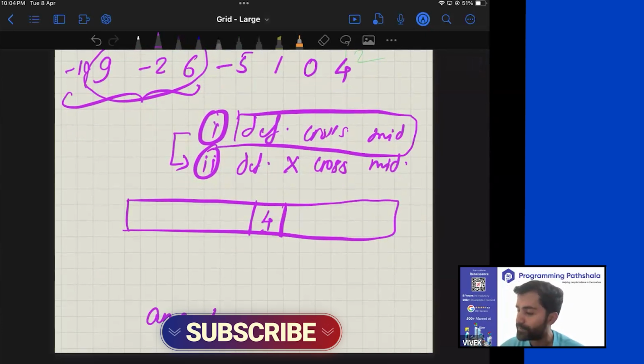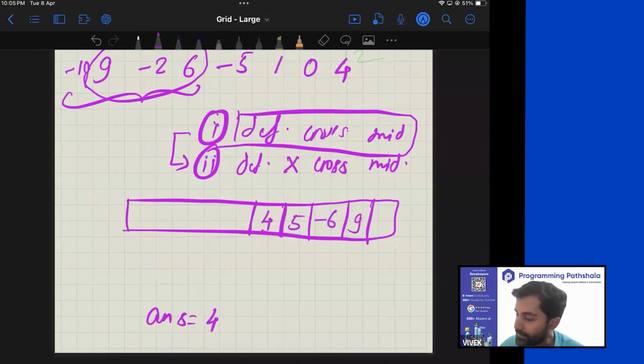And then, let's say this side you had 5, and then -6, and then 9, and then -2. So now I'll check: 4 plus 5 is 9. So I'll say that, yeah, 9, this element included. 9 plus -6 is 3. So I would not want to include this, right?